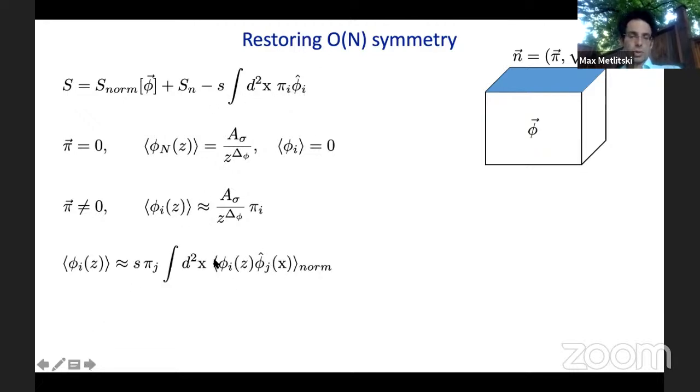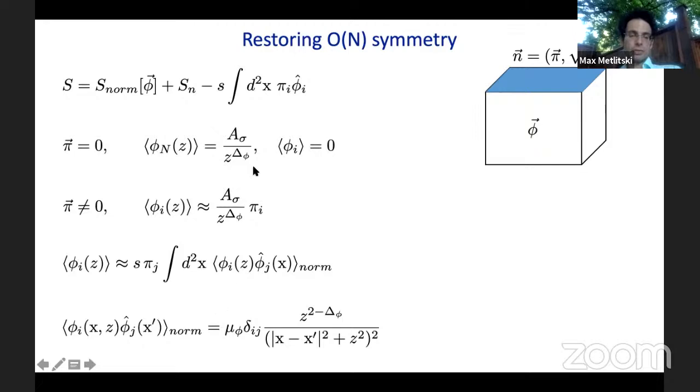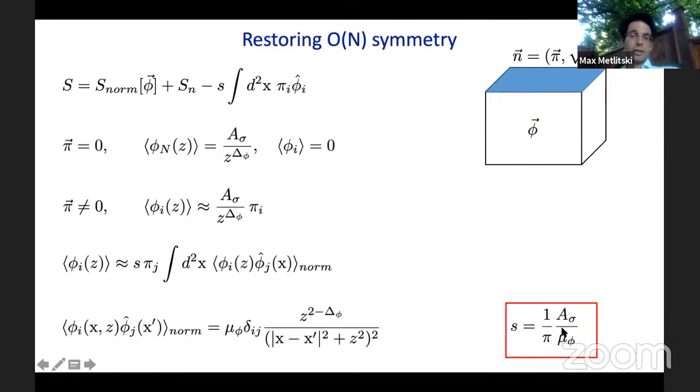Here is to first order in pi what the result would be, and this 2-point function with one field in the bulk and one field on the boundary is fixed exactly by conformal invariance. It's given by this. So if you put this into the integral, do the integral, you obtain exactly this relation. S is given by this ratio, amplitude ratio, right?